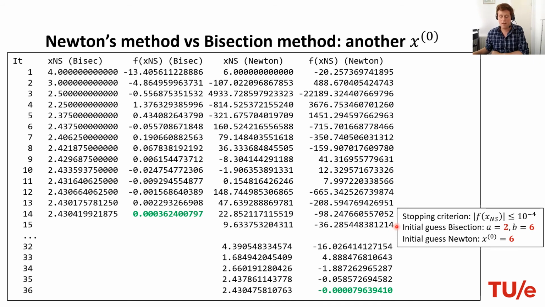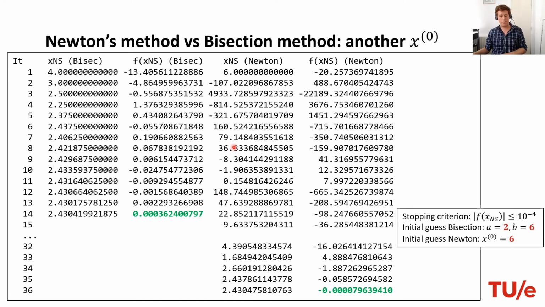The bisection method was started with an interval saying that the 0 should lie between 2 and 6, whereas Newton was told to start from x naught equal to 6. The performance of bisection is not greatly impacted by this initial condition. After 14 iterations, it achieved sufficient accuracy, which triggered the stopping criterion and indicates a converged result up to the accuracy we pre-specified.